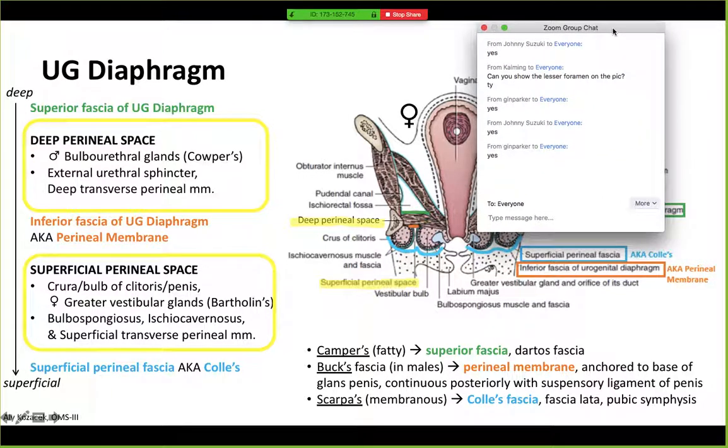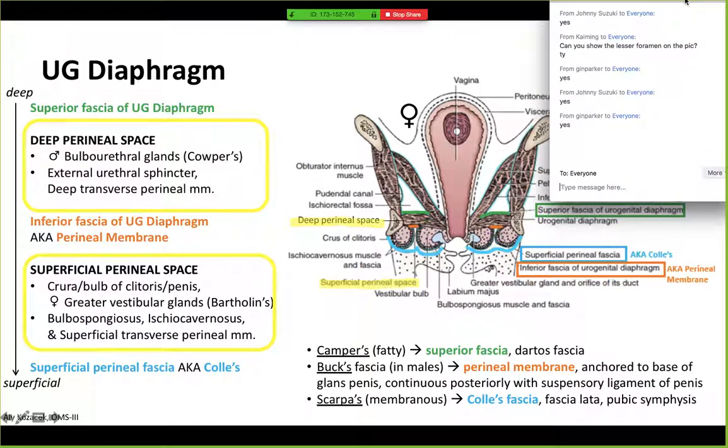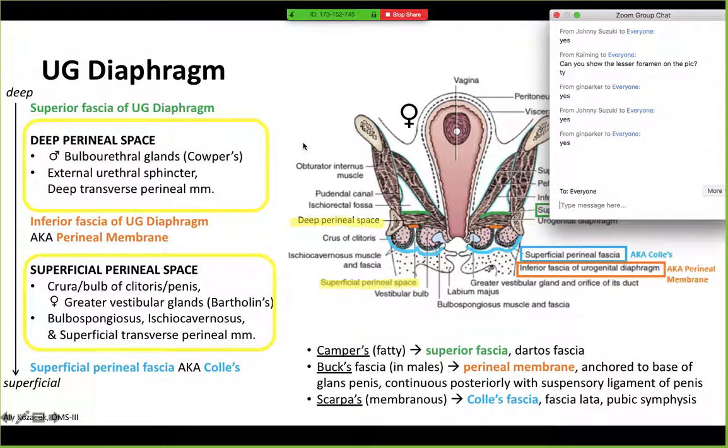Okay, same thing with the UG diaphragm. You're going to get this again when you have the male and female specific lectures. But for right now, I would just start learning, first of all, just start with the layers, from deep to superficial, or kind of like from inside the body to outside.